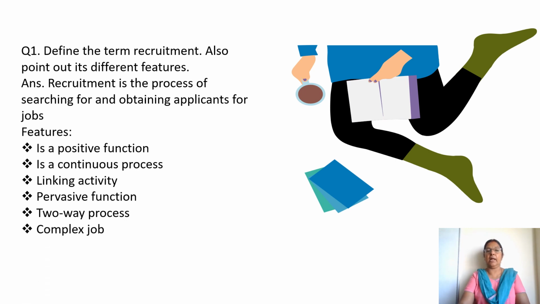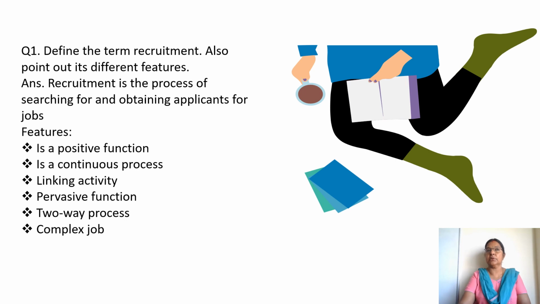The last feature is it is definitely a complex process. It's not an easy process. Companies have to design their advertisements, they have to plan, they have to work with advertising agencies, they have to pay fees to them, and they have to do research to decide which media is most appropriate to put forth their advertisements.